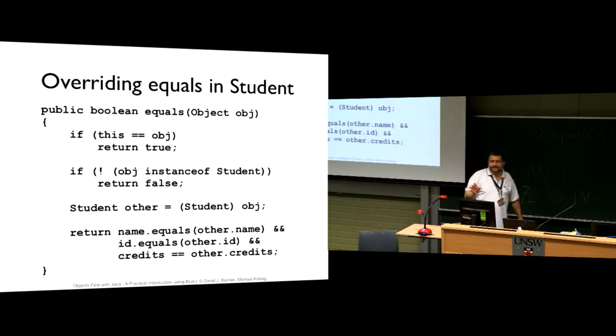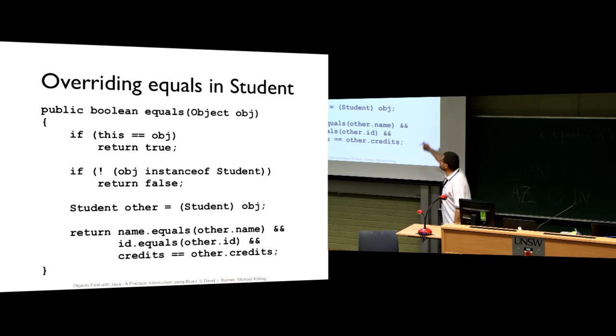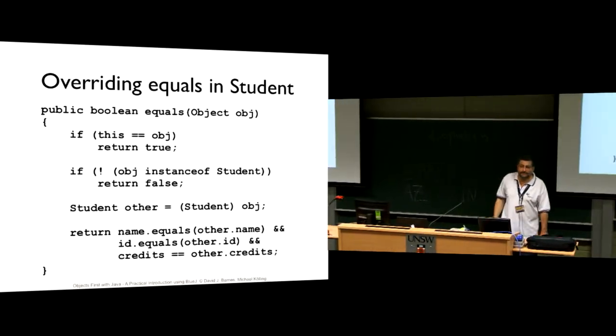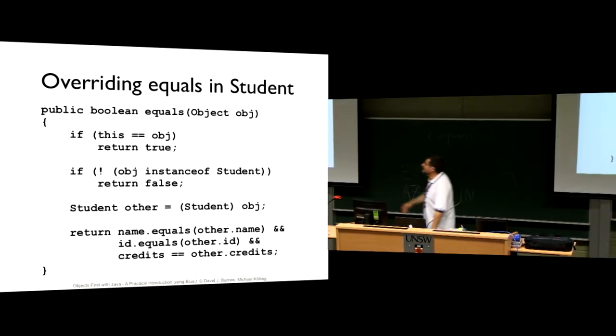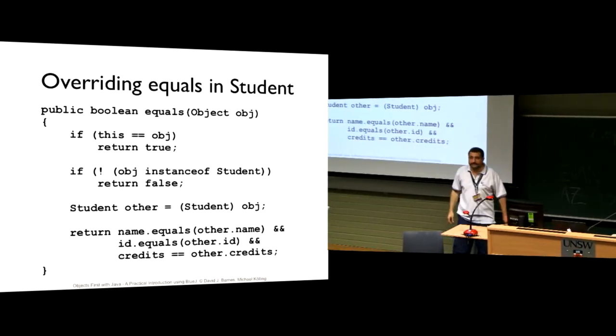Do you remember why we did that? For the few people who were there on Thursday night. Why do we do this assignment here? It's a convenience, but why is it convenient? If we didn't have this assignment here, how would we have to change that code?